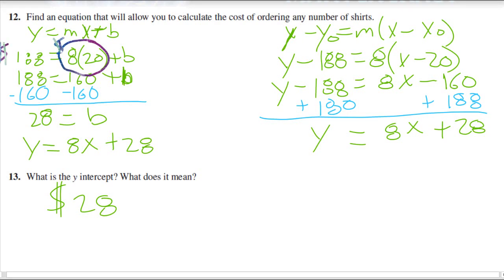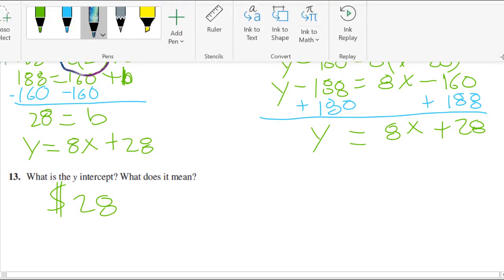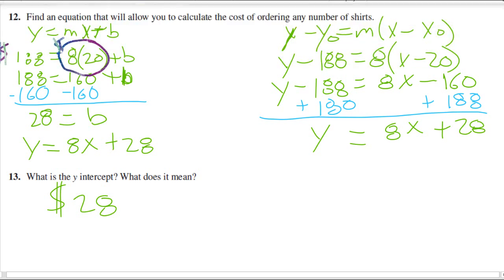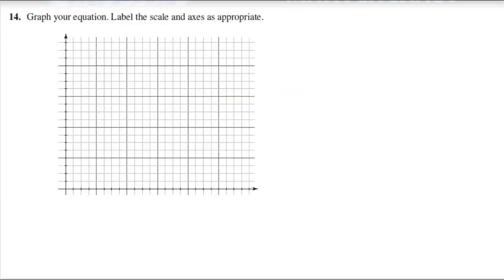And 188 was dollars. So $188 minus $160. The 28 is actually dollars. And it's the dollars that they charge as their setup fee. No matter how many shirts you order, they charge you an additional $28 for setting up the equipment. Go on to question 14 and restart the video once you've done question 14.